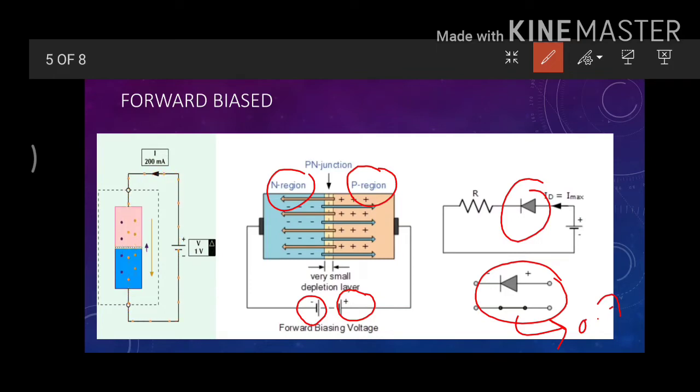So what happened here is, you can see that in case of silicon it requires around 0.6 to 0.7 volt to end the depletion region. We can see that there is a depletion region, and as soon as we increase the voltage to 1 volt, the depletion region has been minimized and the flow of current has increased.